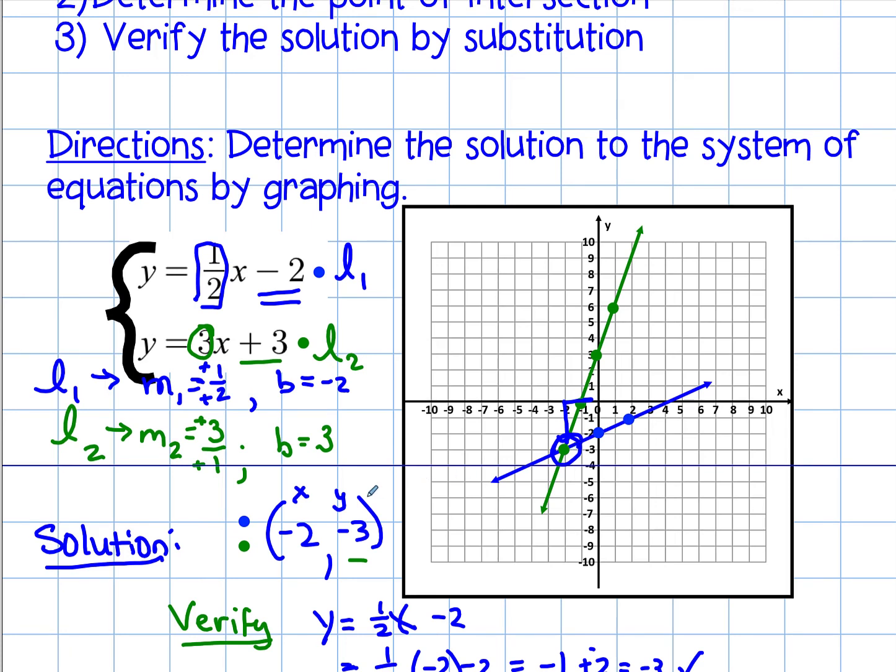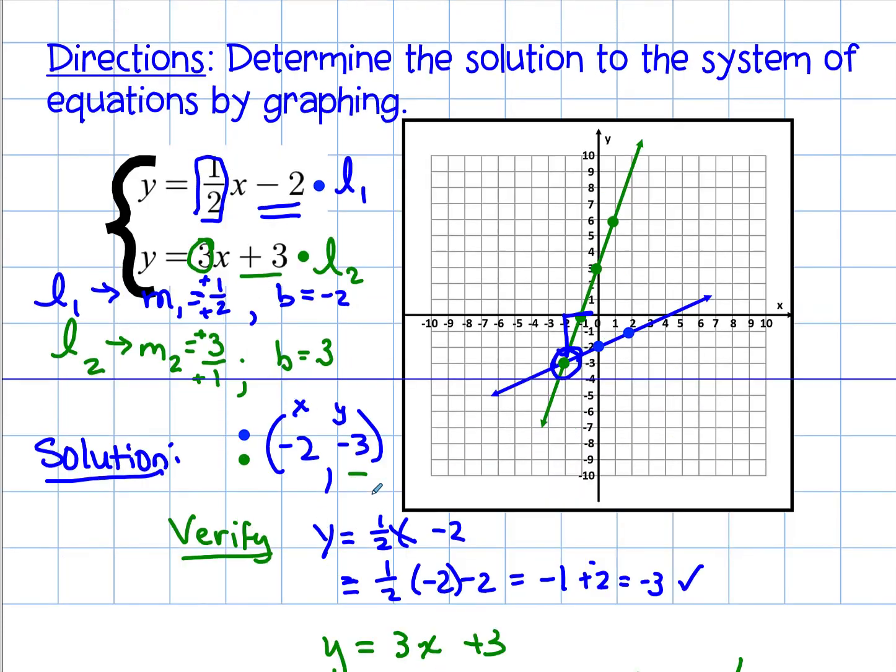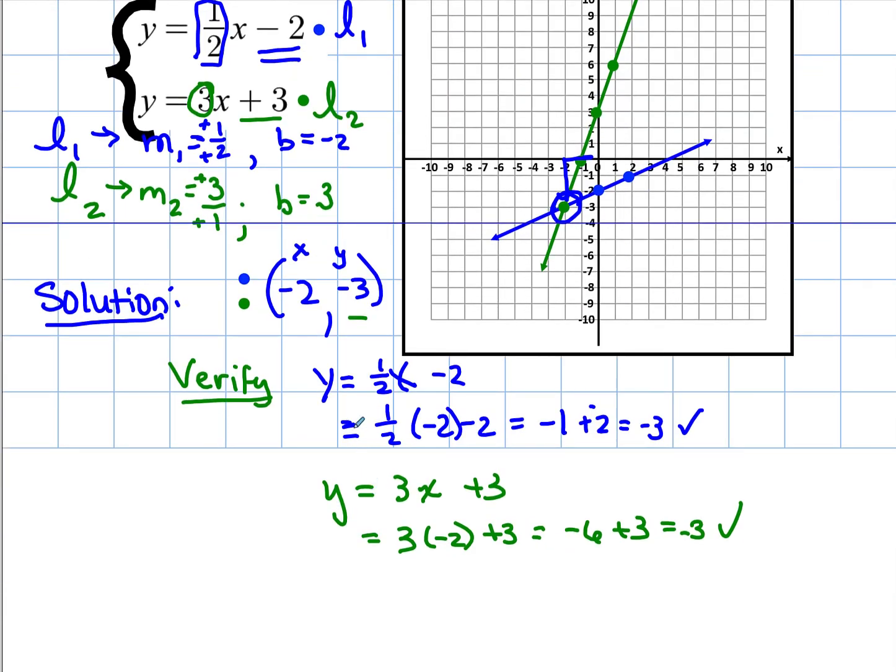We found the coordinates of it, and we said that's our solution. To make sure that it was our solution, we substituted into our equation to make sure that when we replace the x coordinate with our proposed solution for x, we ended up with our proposed solution for y, and not just in one equation, but in both equations.